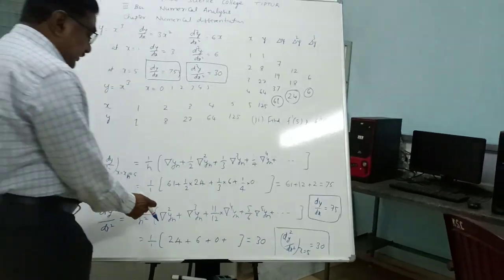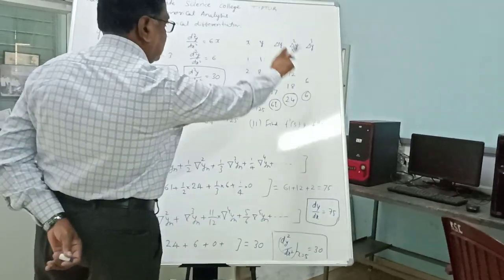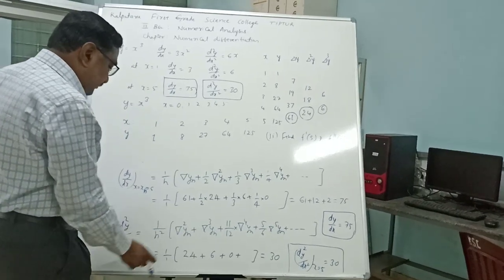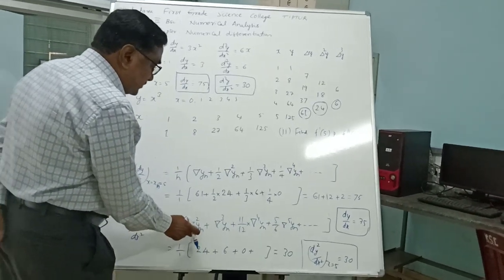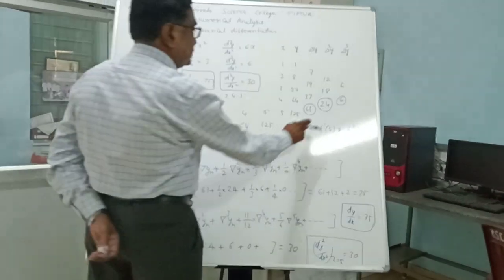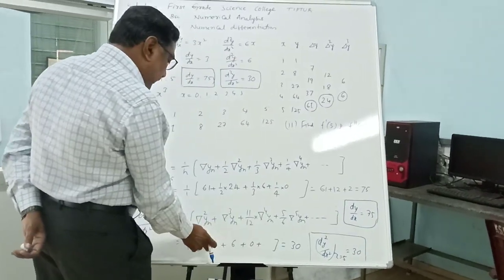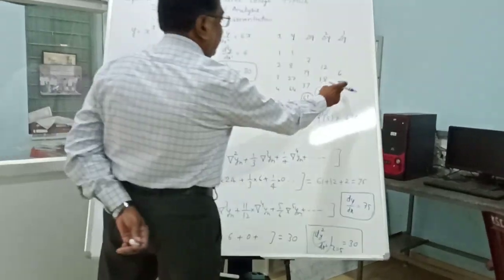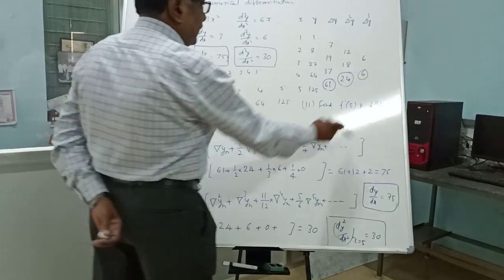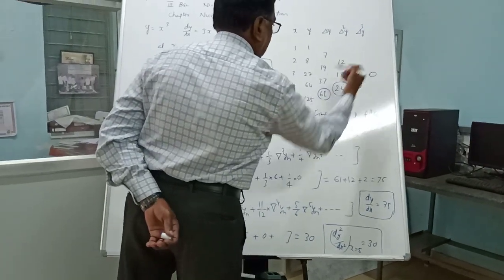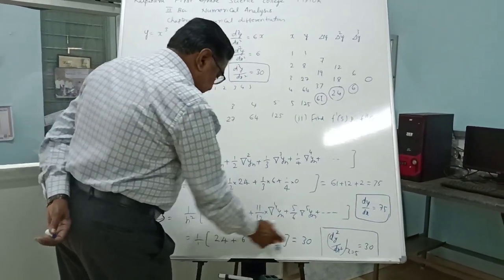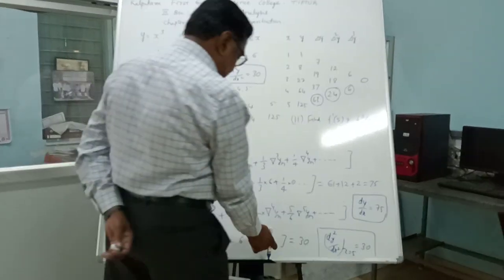Substitute the corresponding values from the difference table in this formula. 1 by h square is 1, nabla square yn, the second backward difference, is 24, plus nabla cube yn, the third backward difference, is 6, and the fourth backward difference is 0, so we get 0. Substituting all the values and simplifying gives 30.